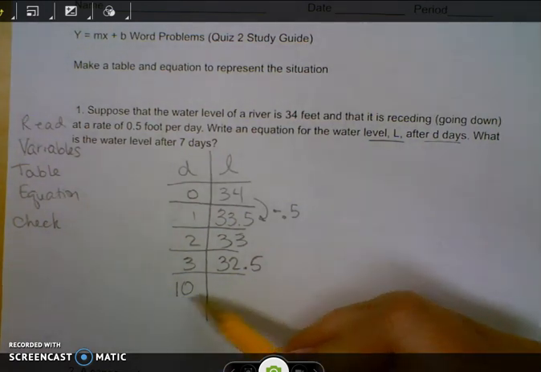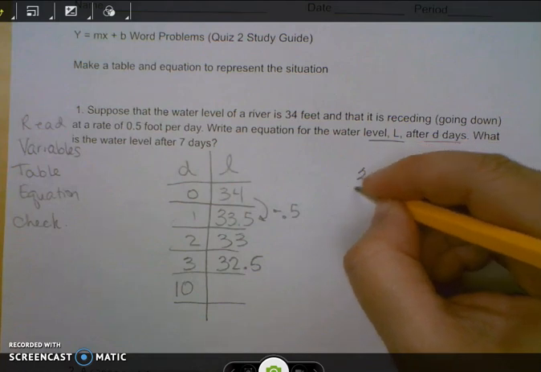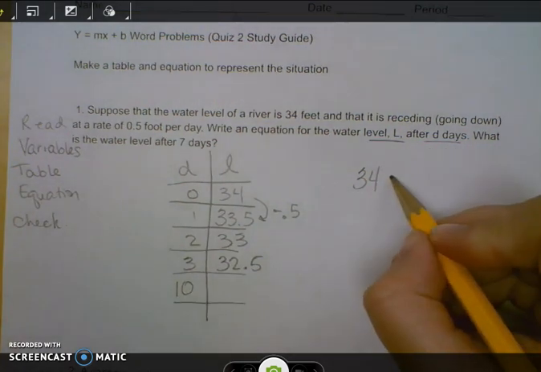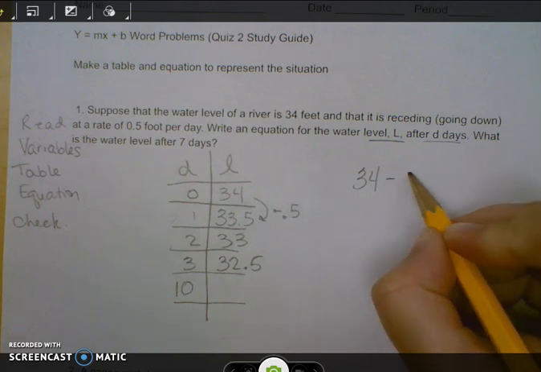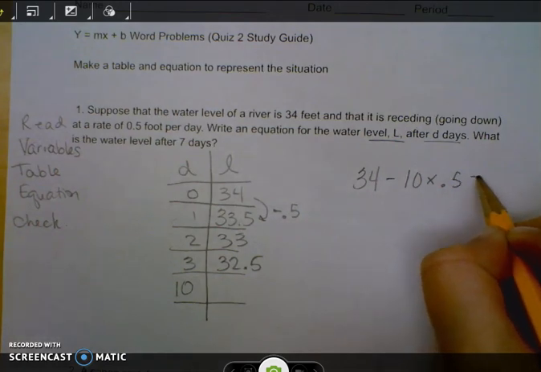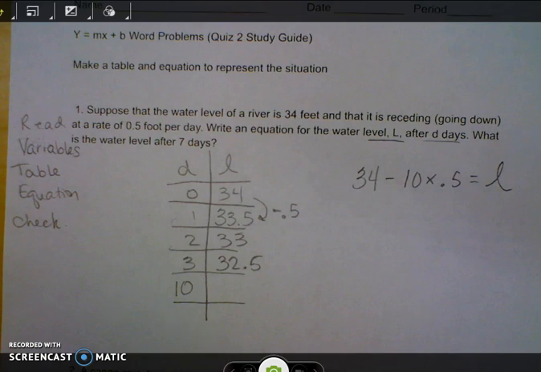So I'm going to do 10 times 0.5, and then I'm going to subtract that from 34. So I know my water level was at 34 feet, and if it recedes for 10 days, that means I'm going to do 10 days times 0.5, and that should give me what the water level is now.